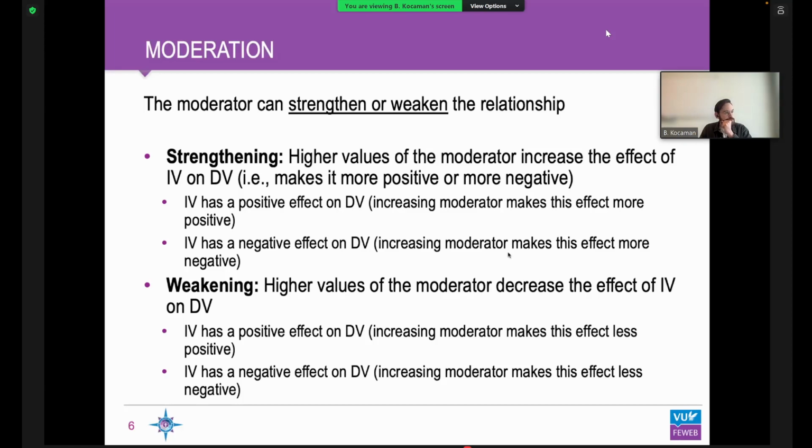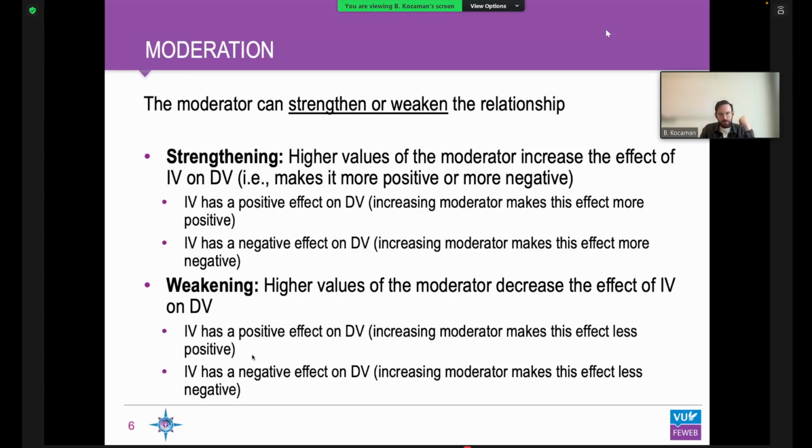I couldn't find a moderator right now for this. But it might be that if you feature this quantity discount in the flyer, then maybe this becomes even more negative. So this unit price might change more. So this is again a strengthening effect. I hope this makes sense.